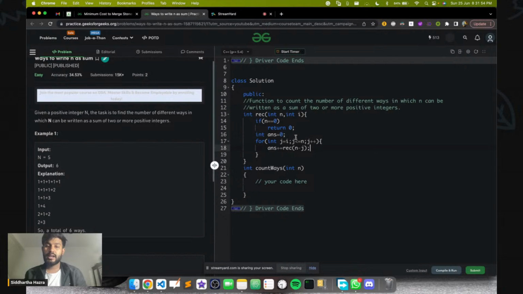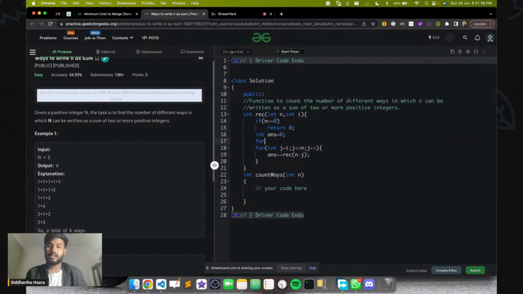And here I would be passed, so conceal this. For int I equal to 1, I less than n and I plus plus.